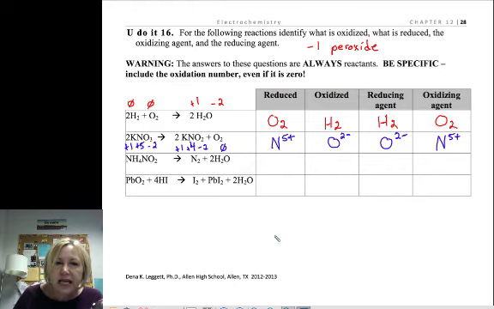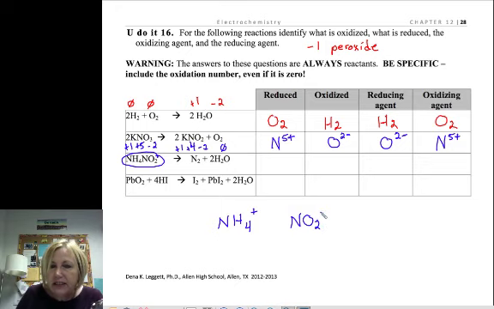Now, I want to do this next one. It's a little tricky. You have 2 nitrogens in here, and in this case, really the only way I would be able to do this is to separate this into the polyatomic ions, and then do the oxidation numbers. So I have 1 nitrogen, I have 2 oxygens, and they're at -2.